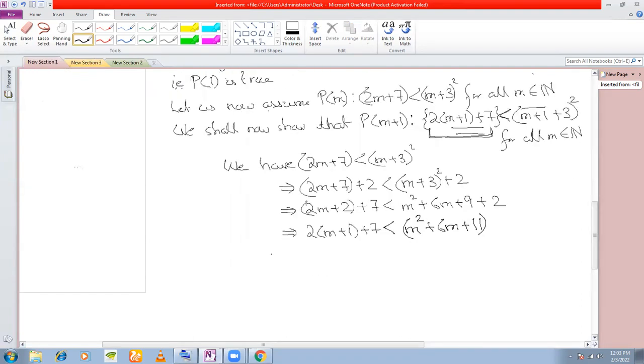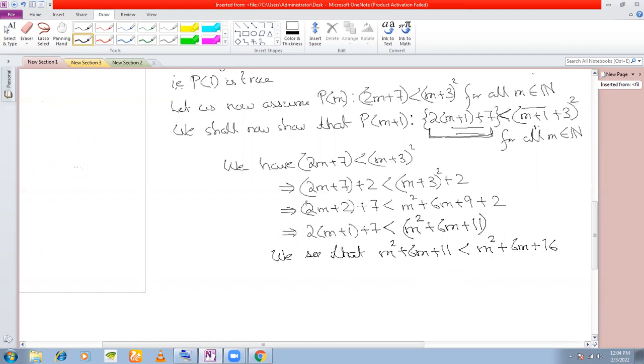Now we see that m square plus 6m plus 11 must always be less than m square plus 6m plus 16, isn't it?